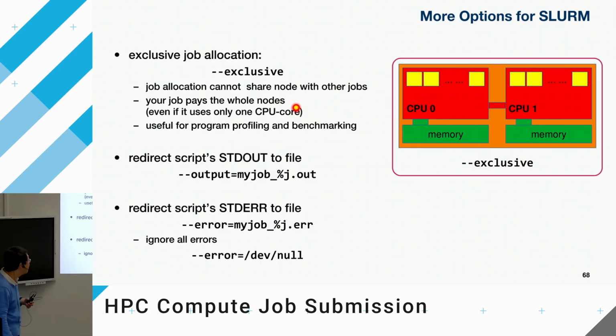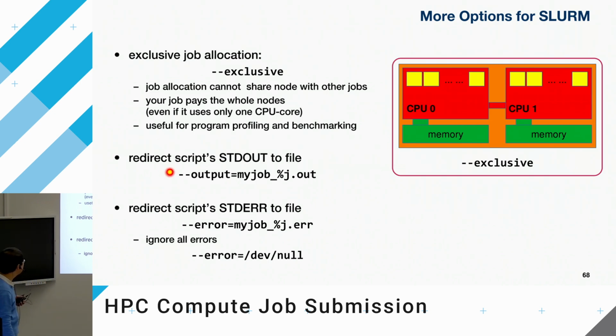Then all the CPU cores in the whole node will be used. Even if your job only uses one CPU core, this may be a very extreme case, to allocate one entire compute node but use only one single CPU core. This is technically possible, and it is also useful for profiling your application, to get an accurate measurement for the timing of your calculation.